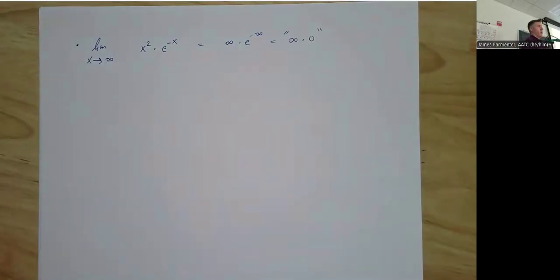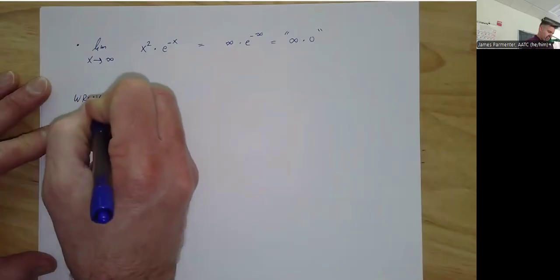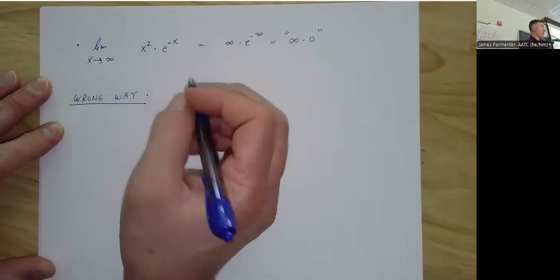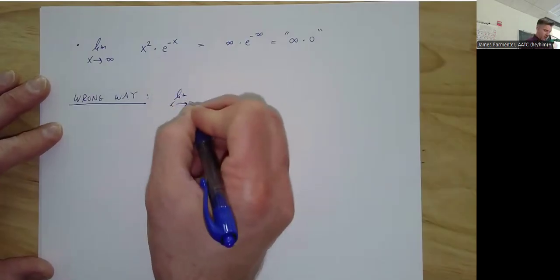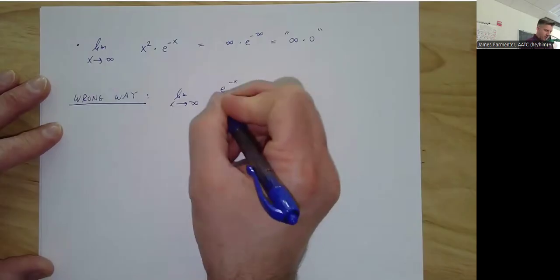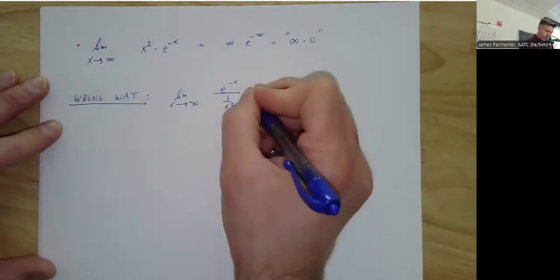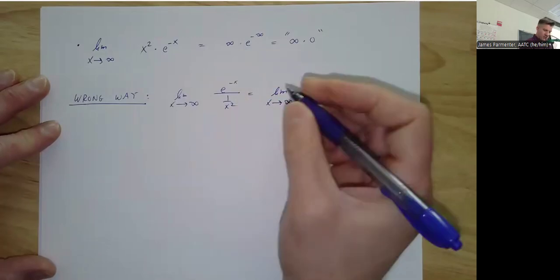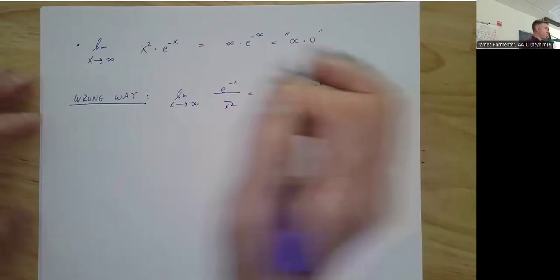Here's the example where I want to show you where you really can go the wrong way. So check this out. Here's the wrong way: bringing the x squared down to the bottom. If you rewrite this as the limit as x goes to infinity of e to the negative x divided by the reciprocal of x squared, or preferably, so it's easier to take the derivative of each part, the limit as x goes to infinity of e to the negative x divided by x to the negative 2.